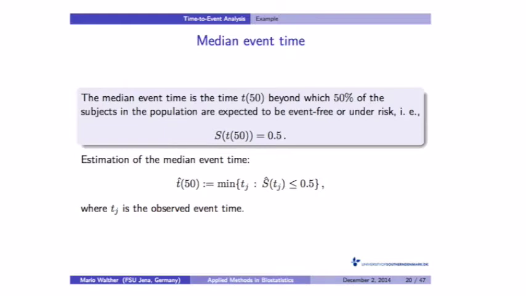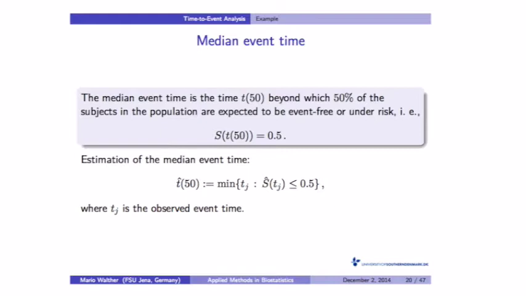If you know the survival function, you can deduce the median event time from this expression. But when you have discrete data, you have to estimate the median event time from your data. Here I have the expression for how you can calculate the median event time by hand.